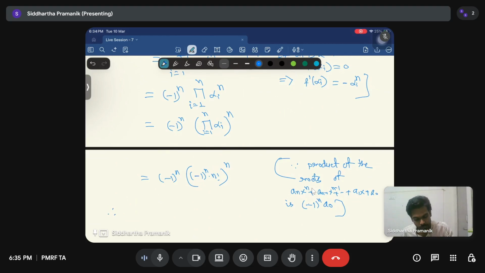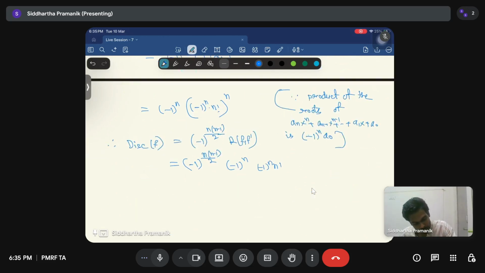So what is the discriminant now? The discriminant of f is minus 1 power n times (n minus 1) by 2, where n is the degree, times the resultant. So this is minus 1 power n times (n minus 1) by 2, times minus 1 power n, times minus 1 power n, times n factorial whole power n.